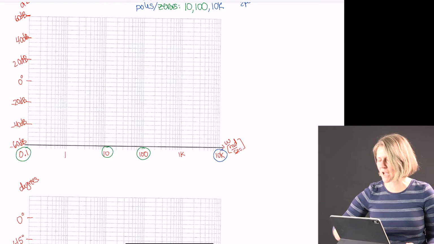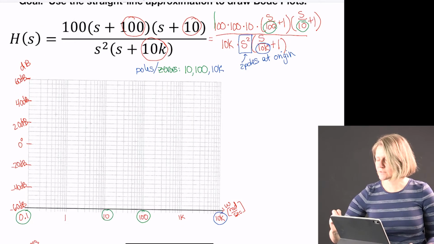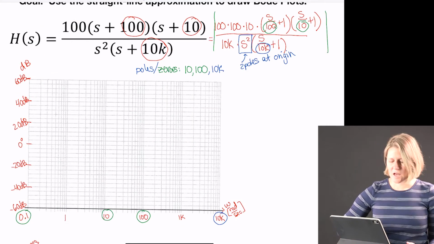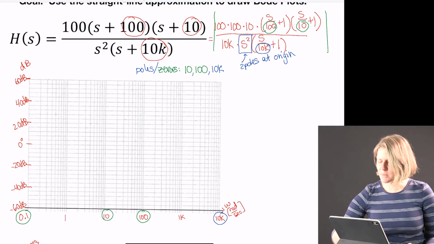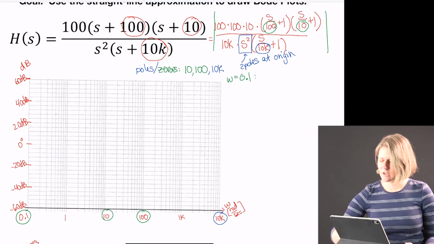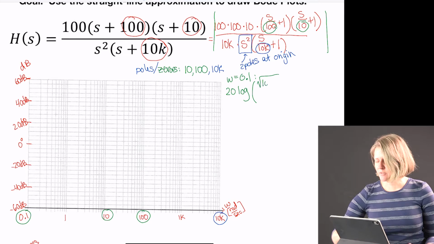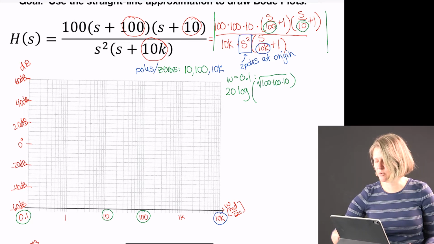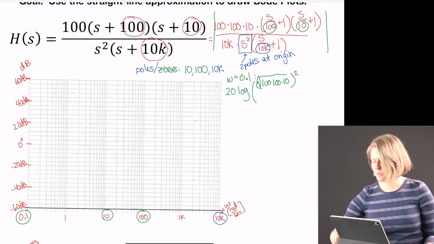So we're going to take the magnitude of this at 0.1. At omega equals 0.1, we take the whole magnitude, and we're going to take 20 log of that, base 10. Remember, you're going to square root the number out in front, and then you square it again because there's no imaginary portion.